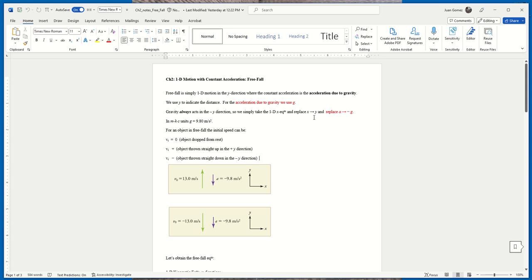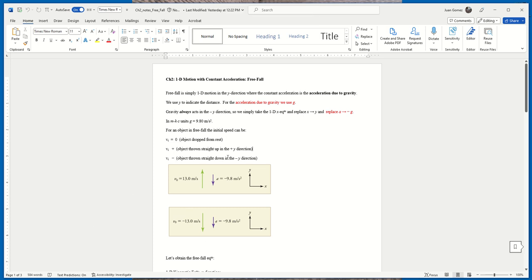We take the 1D x equations and replace x with y and a with negative g. Why negative g? Because gravity always acts straight down. So wherever we see the variable x, replace it with a y, and wherever we see the variable a, replace it with a negative g.